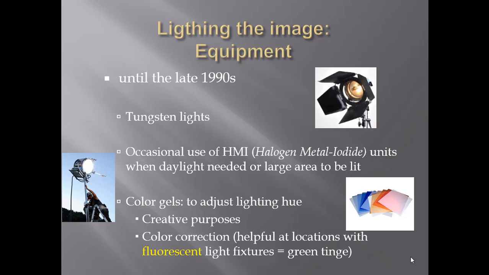And color gels, this is a word useful to remember also. Color gels adjust the lighting hue and can be used for creative purposes or just for color correction, especially helpful at locations with fluorescent light fixtures that sometimes give a green tinge.